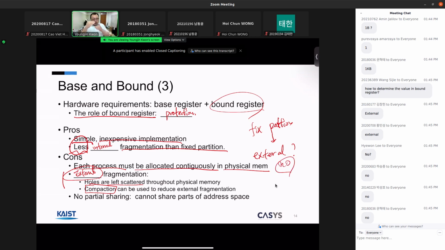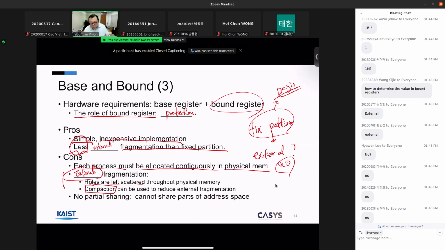Because memory is statically divided into same-size partitions, so no external fragmentation happens. That is a very important observation for paging. Paging is a better way of modifying the fixed partition, but let's talk about that later.